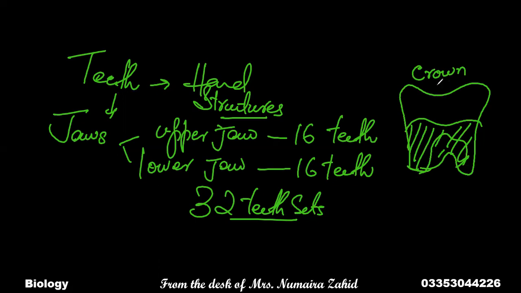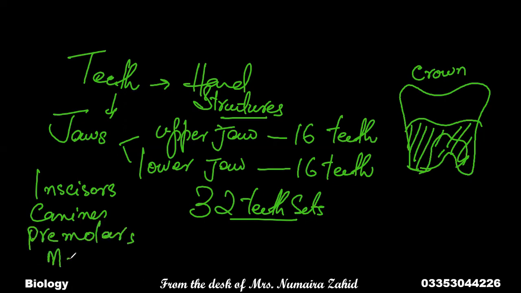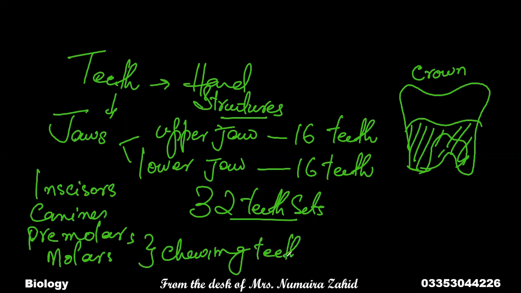There are 4 types of teeth in our oral cavity: incisors, used for biting; canines, which are pointed and used to tear things; and premolars, which are comparatively broader; and molars. Premolars and molars are chewing teeth, and we can grind the food with their help. Incisors are biting teeth, and canines can be used to tear the flesh or any hard object.